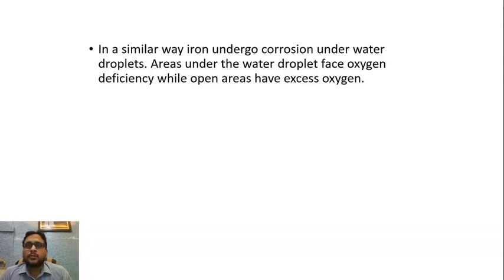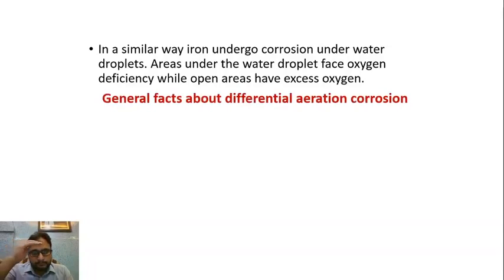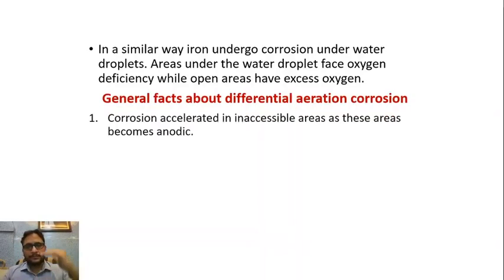The portions that are open have a very good supply of oxygen, while the portion of the iron rod below the droplet is poorly aerated. Because of the poor supply of oxygen, the portion of iron rod below the surface of that water droplet behaves as anode and releases electrons. So in this way, corrosion occurs during raining.